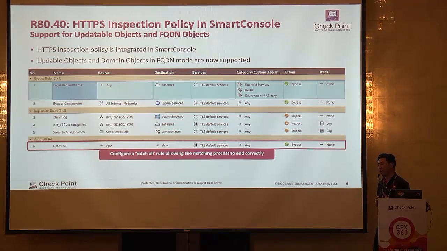In this case, we create a performance impact. So we add a rule at the bottom so that if the traffic doesn't match a previous rule, it will match the last rule. In the last rule, you can define that you want to bypass all traffic that doesn't match the previous rules, or you can inspect all of it. It will save a lot of CPU cycles and improve performance as well.